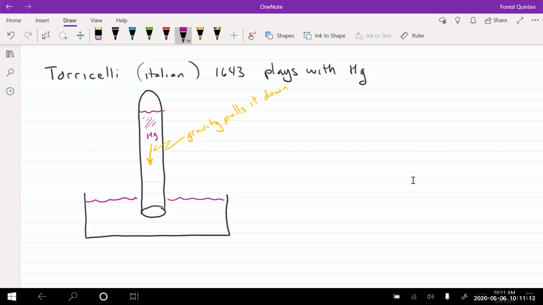So we have all this mercury here, and if it wants to come down, then this level here would want to go up, yes? Okay. But it doesn't.